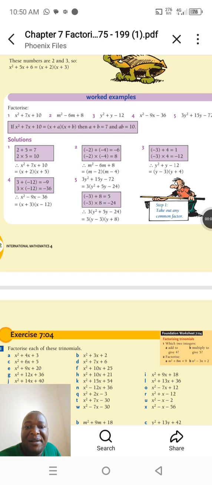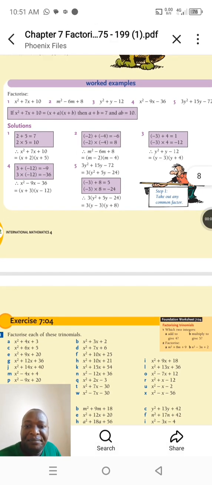These numbers are 3 and negative 12. So 3 plus negative 12 gives us negative 9, and 3 times negative 12 gives us negative 36. So the factorized format is going to be the variable x plus the number identified 3 into the variable x plus the identified number negative 12. So the expression is going to be x plus 3 into x minus 12.